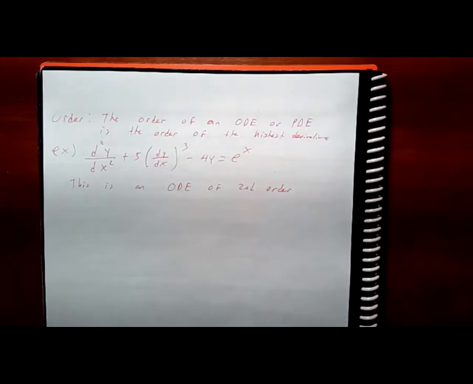Okay. Well, that's pretty straightforward. I don't think we need too many examples of order. Does that make sense? Okay. All right, let me see if there's anything else that needs to be said about order?